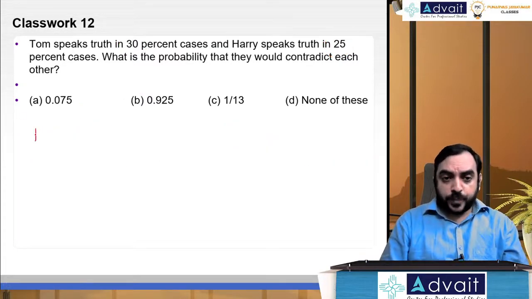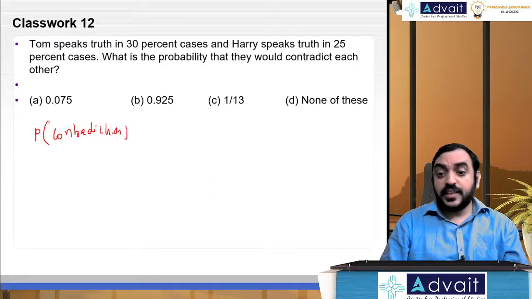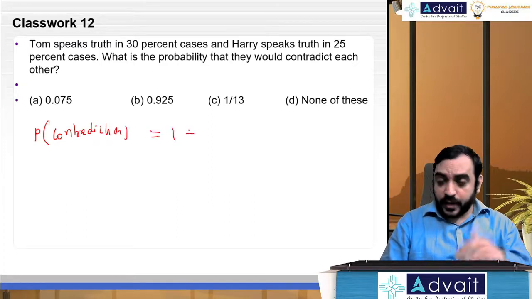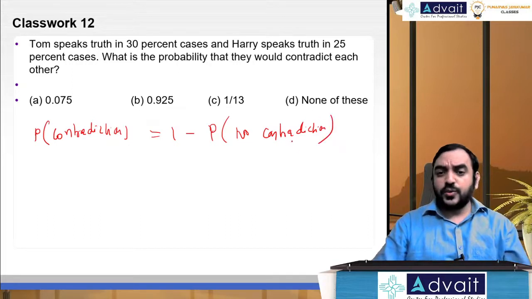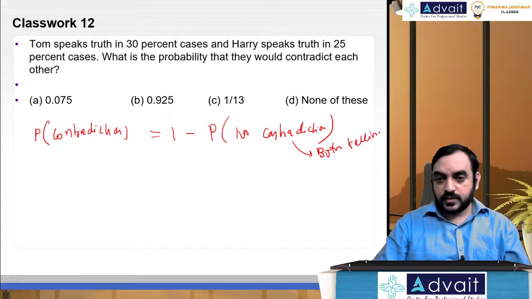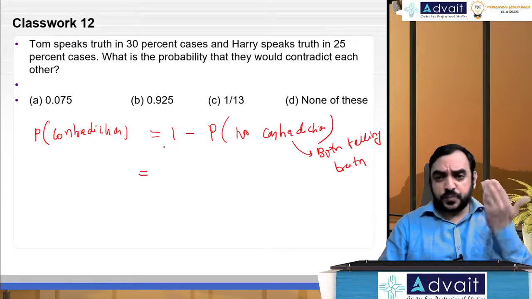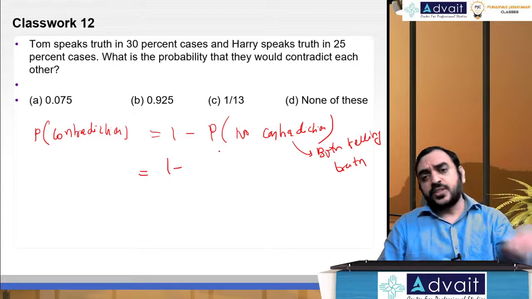Alternatively, the probability of contradiction is calculated as 1 minus no contradiction. And what do you mean by no contradiction? Both telling the truth. The first person tells the truth and the second person also tells the truth.